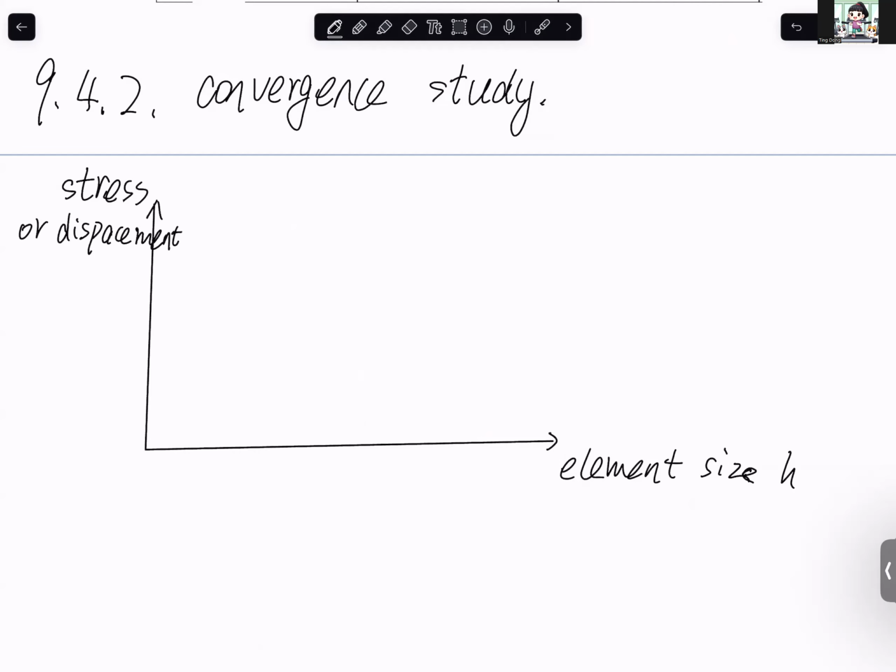You can try the project by yourself, using different sizes and different numbers of elements or different numbers of nodes, and you can see how the stress is generated from Abaqus. Probably what you will see is that, of course, the refining process will start from a larger element size.